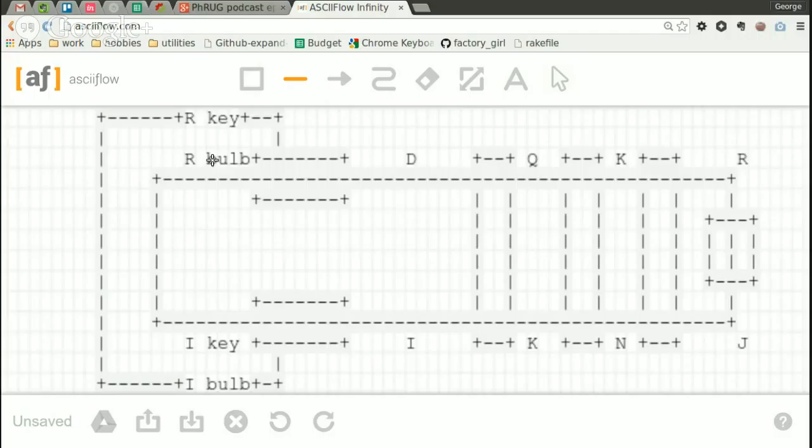Does this mean that, for example, the R key is connected to all the bulbs of the alphabet on the machine, and vice versa? Is the R bulb connected to all the keys of the machine? And I think the answer to that is yes.